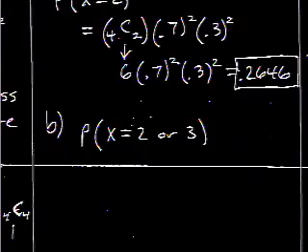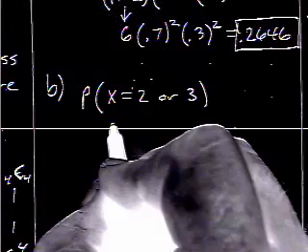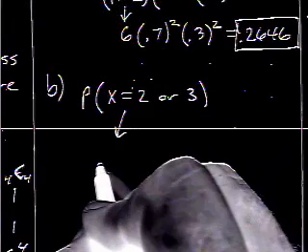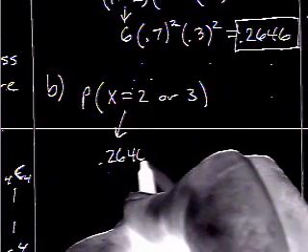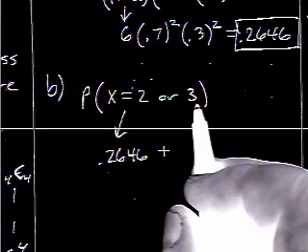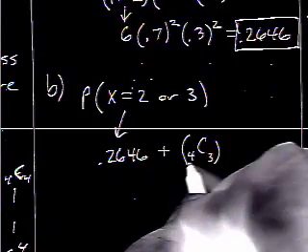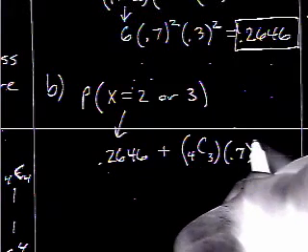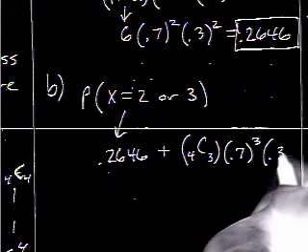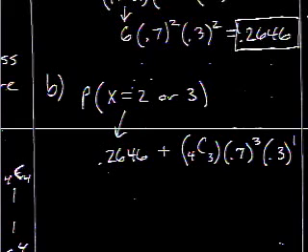Well, what if we wanted the probability that x is 2 or 3? Well, we know the probability that x is 2. We got the 0.2646. But now we need to add the probability that x is 3. So that would be 4 choose 3 times 0.7 to the third times 0.3 to the first.